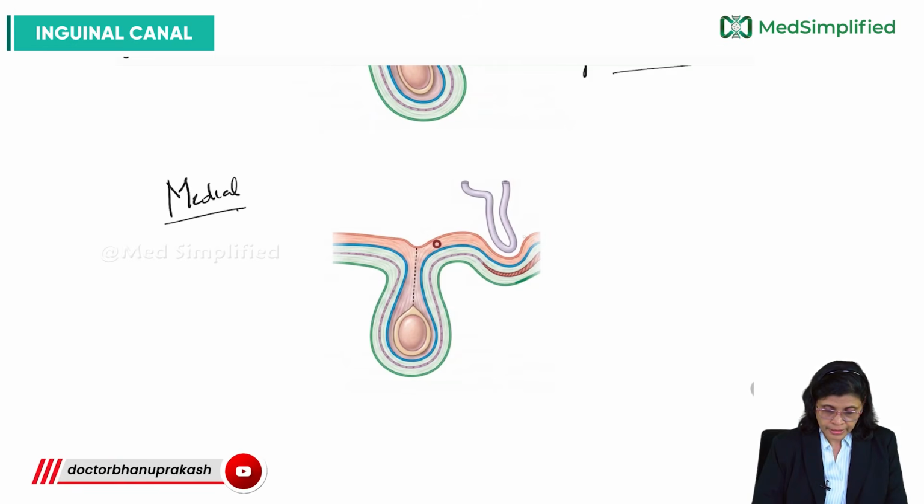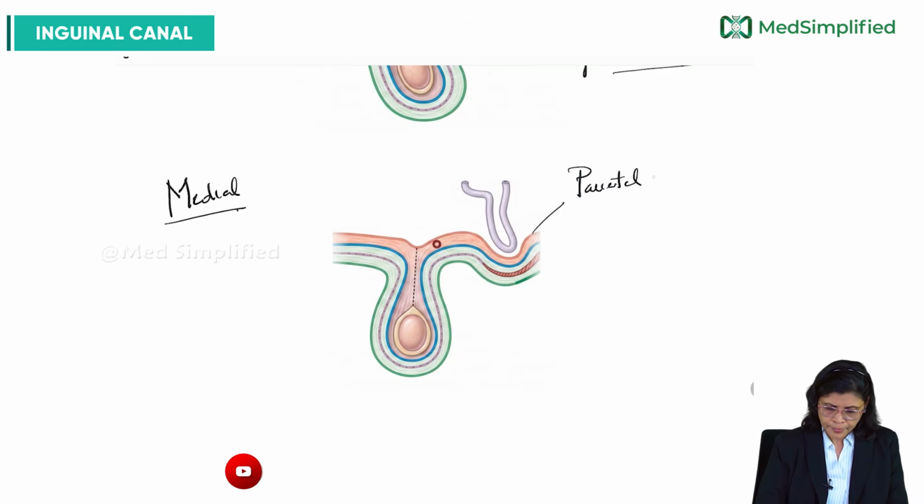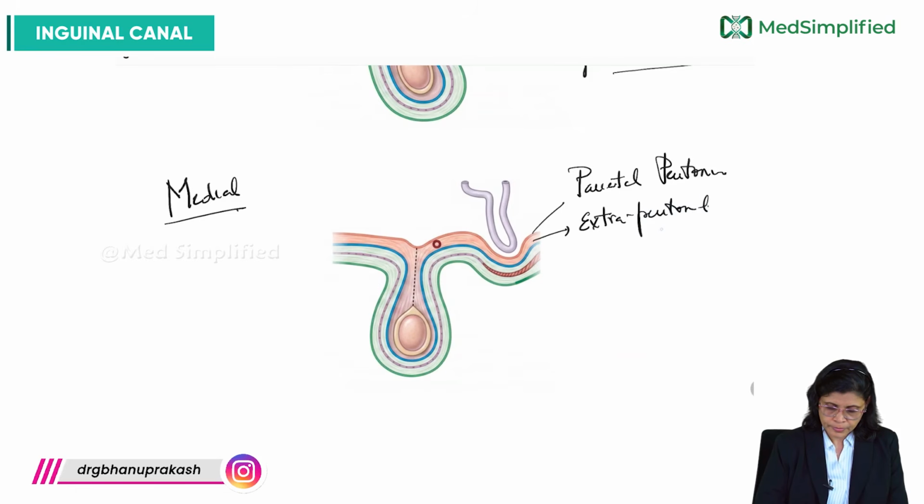We have the parietal peritoneum, the same thing. Then we have the extraperitoneal connective tissue. Then we have the fascia transversalis, of course.